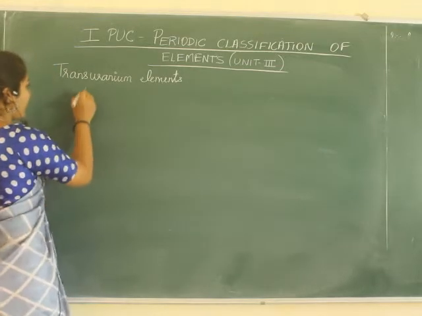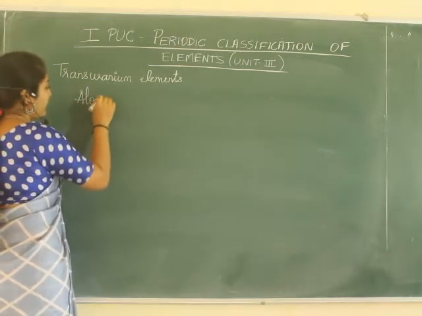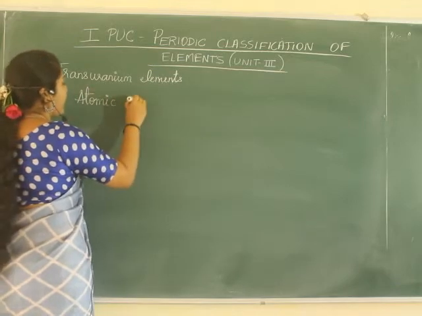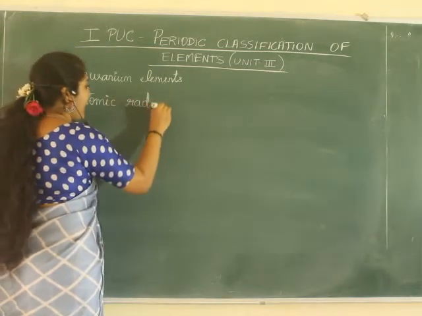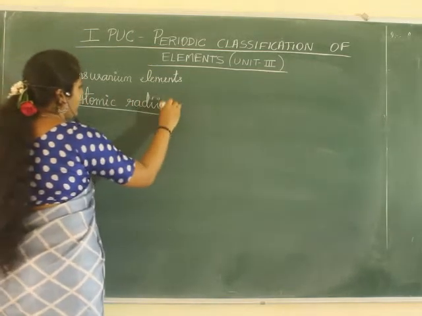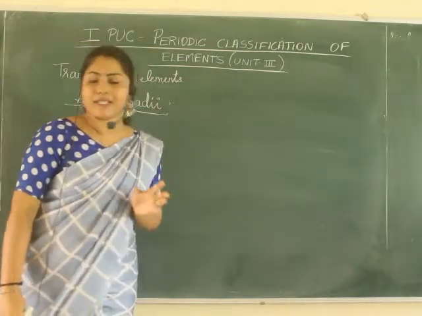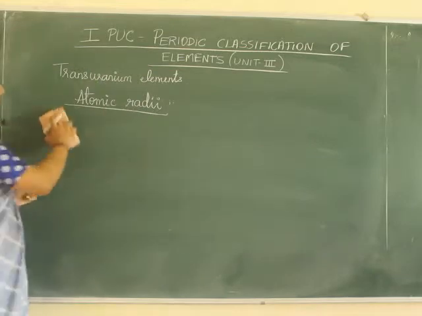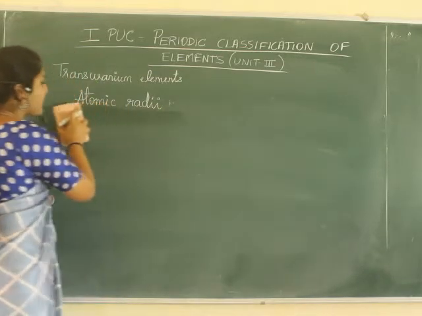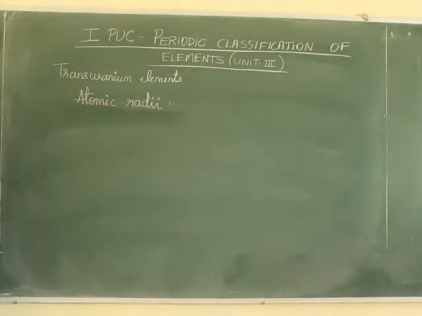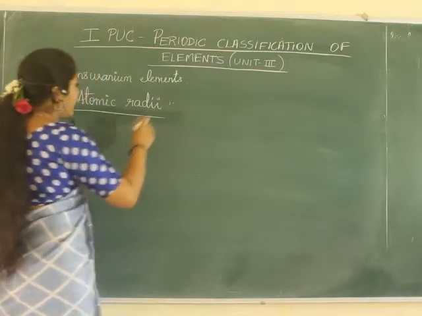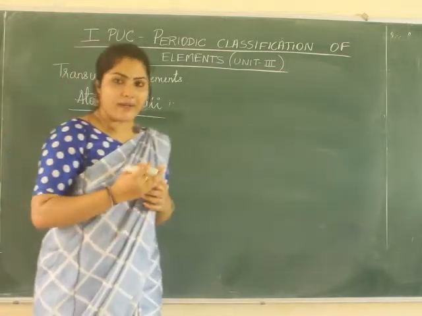Okay, we were discussing atomic radius. In atomic radius, the plural is radii. So generally I'll say atomic radii, or we can call it atomic size also. If they ask you something related to atomic size or atomic radii, both concepts are one and the same.